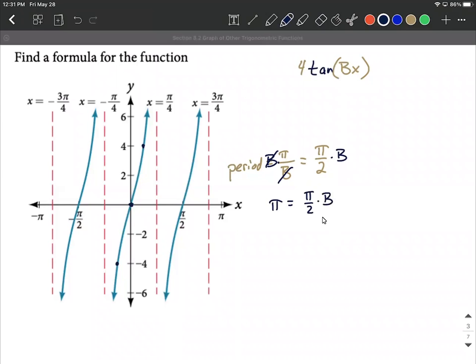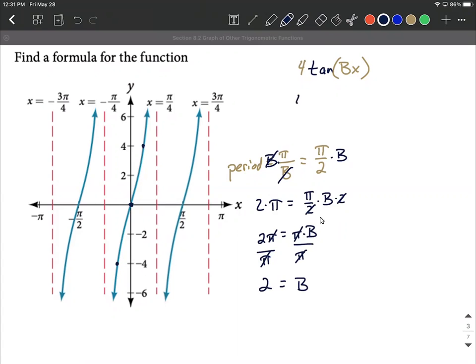Next, I'm going to multiply each side by 2 because we don't like fractions, eliminating that fraction on the right-hand side. So we have pi over 2 equals pi times b. Then to get b all by itself, we divide both sides by pi, which allows us to isolate the b on one side. With pi in the numerator and pi in the denominator, that makes a 1. So we get b equals 2.